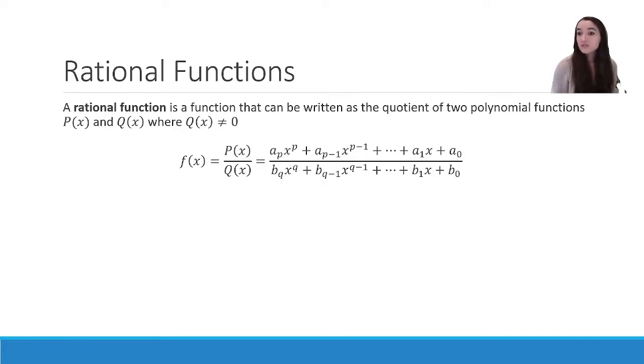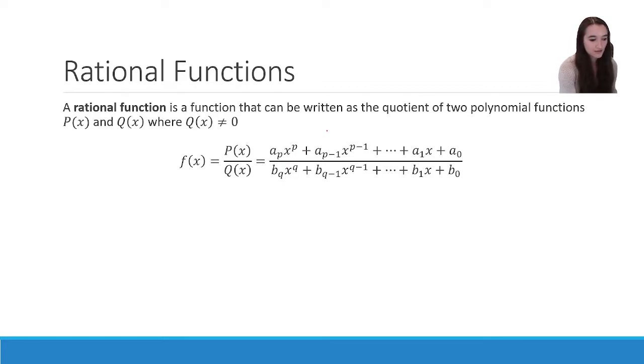So, what is a rational function, though? A rational function is a function that can be written as the quotient of two polynomial functions, p of x and q of x, where we state the domain to be anytime q of x does not equal 0. So, the general form of a rational function is p of x over q of x, where we write each of these in polynomial form.